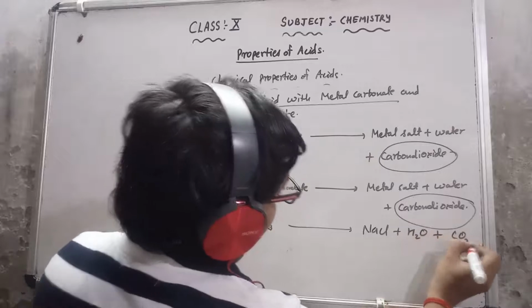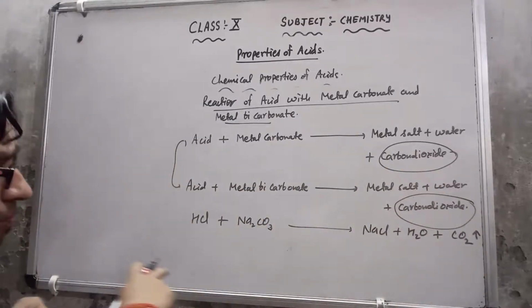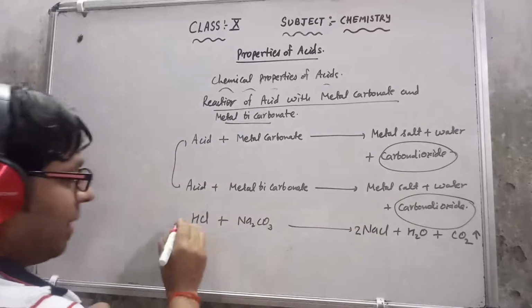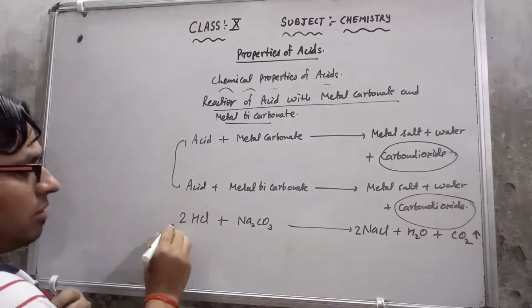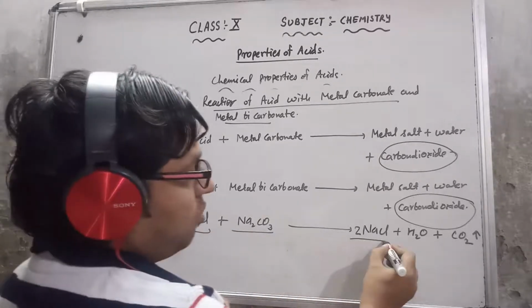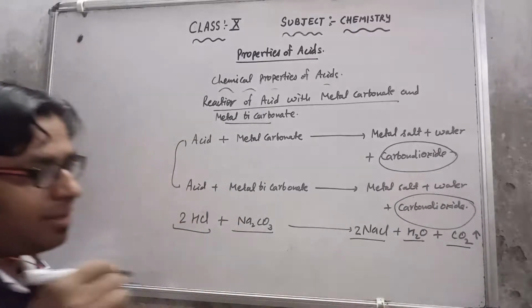Carbon dioxide is CO2. It is a gas, that is why I have indicated it with an arrow. Now to balance this, I will multiply by 2 here and by 2 here. So hydrochloric acid reacts with sodium carbonate to give a salt of sodium chloride, the water molecule, and releases carbon dioxide gas.